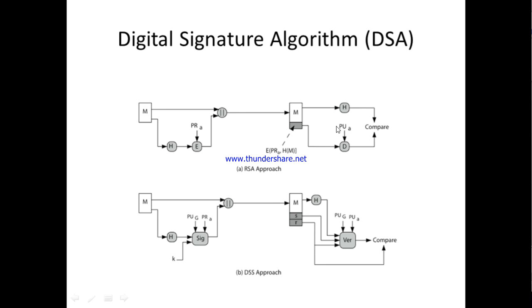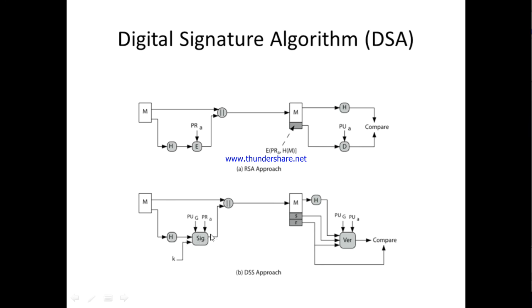This is how the RSA approach works, but DSS works in a different way. It generates the hash value of the message, and using a key it performs the signature function.